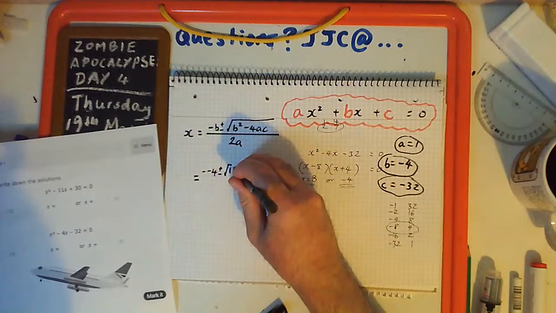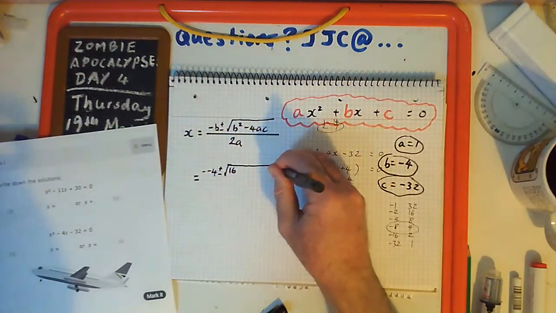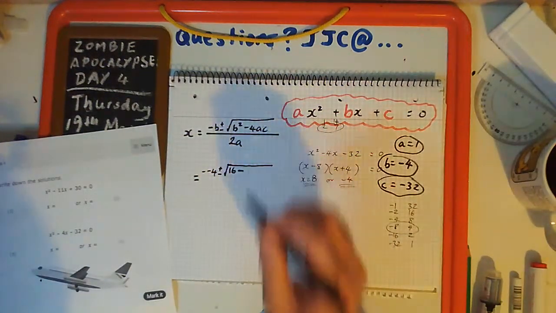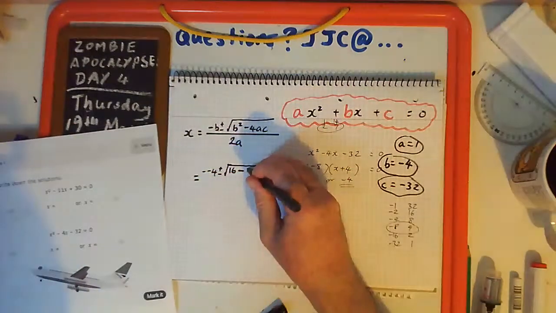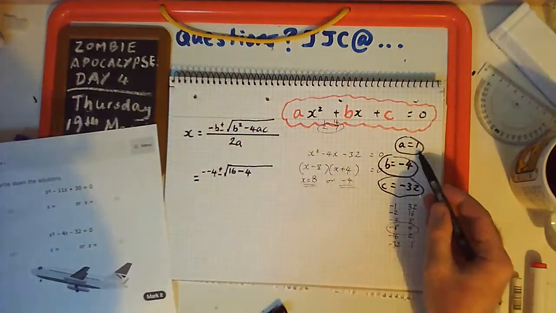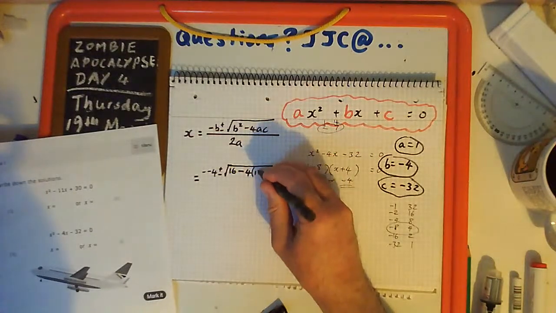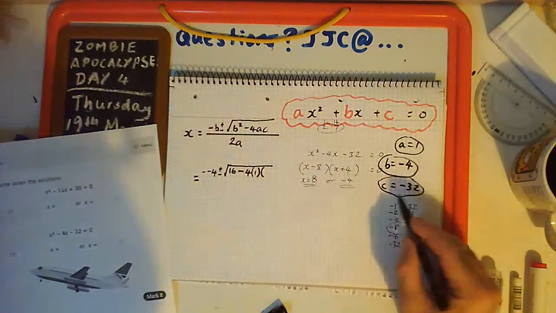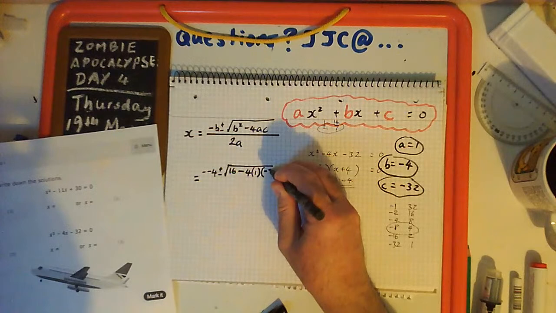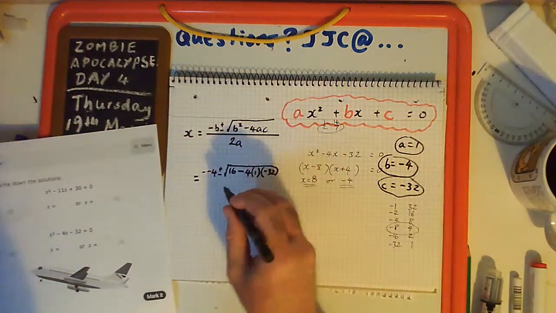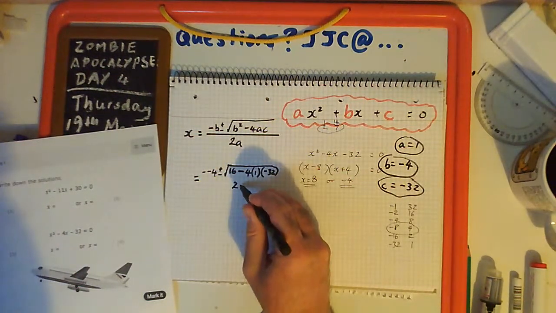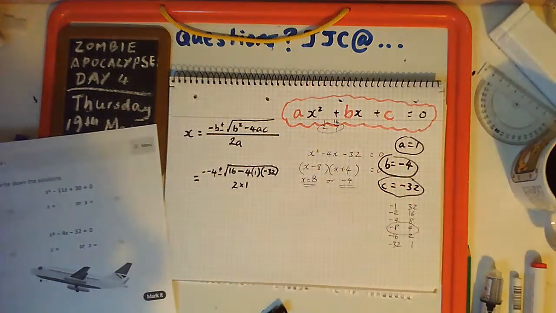So that's going to be 16. Minus 4 times minus 4. Then there's a minus. Then there's a 4. Then there's an a, which is 1 in this case. And then there's a c, which is minus 32. And that's all divided by 2a, which is 2 times 1, because a equals 1.